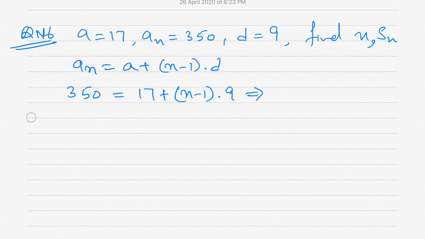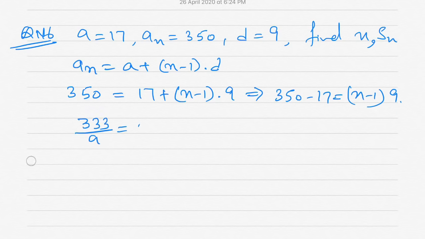When we simplify this for n, we'll get the value of n. Now let us shift 17 to the left hand side, equal to n minus 1 into 9. Now 350 minus 17 is 333, divided by 9 is n minus 1. This implies n is equal to 37 plus 1, which is equal to 38.